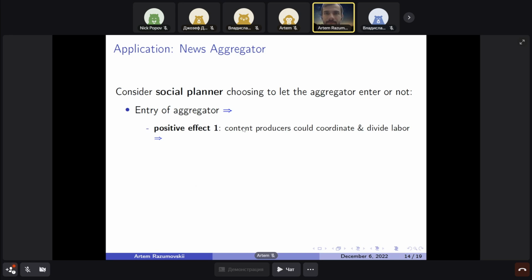But now the agency will know that everyone will go to the aggregator, or not everyone, but maybe most of the agents. We will talk about it later, how the agents will be divided between the aggregator and agencies.